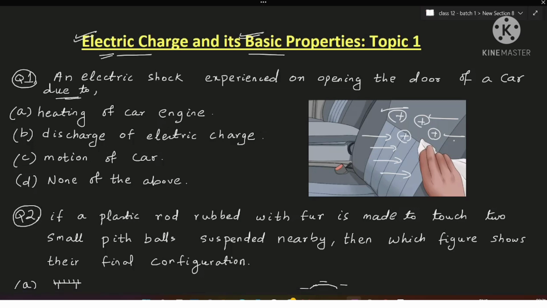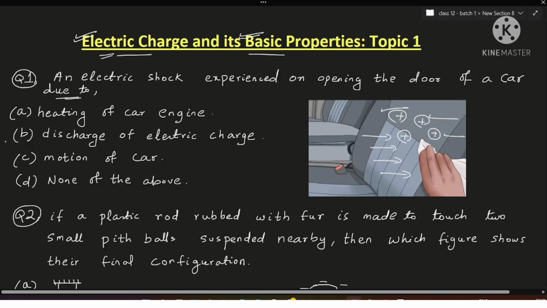These are the two insulated bodies. So, due to friction, the charge gets accumulated on the seat cover, and when we open the door it gets discharged through our body. That's why we experience an electric shock. So this happens sometimes, not often. This happens only sometimes. Okay, the answer will be option B.